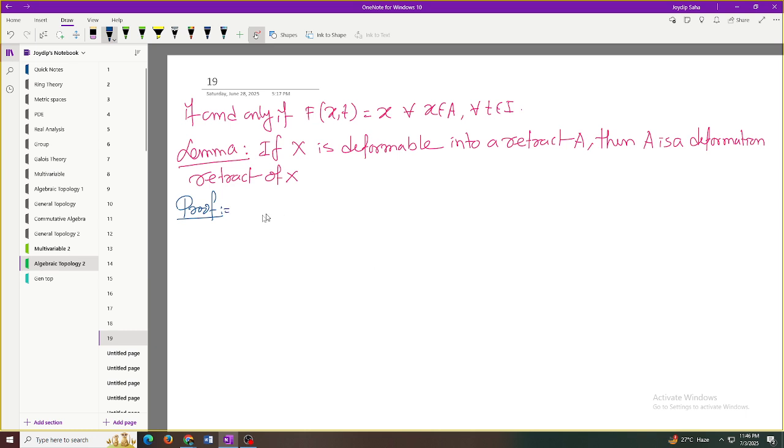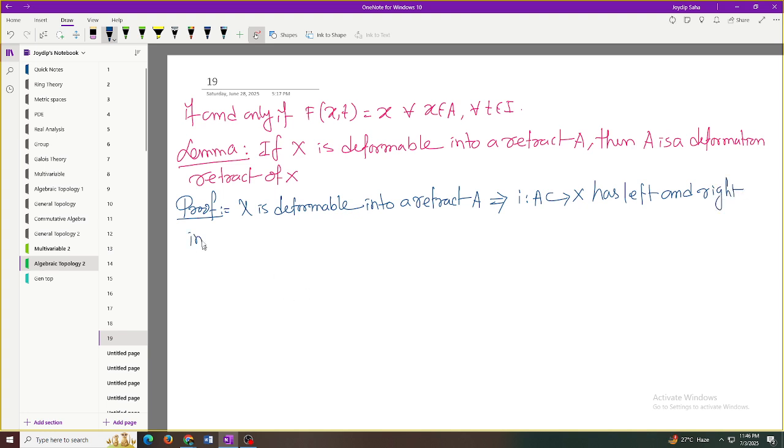X is deformable into a retract A. X has left and right inverse, and they are the same.